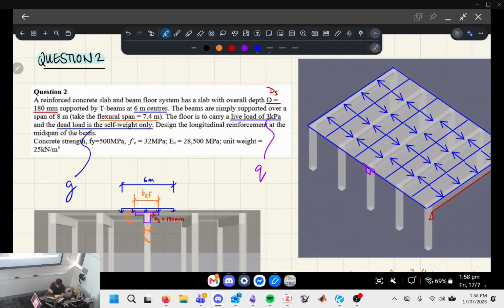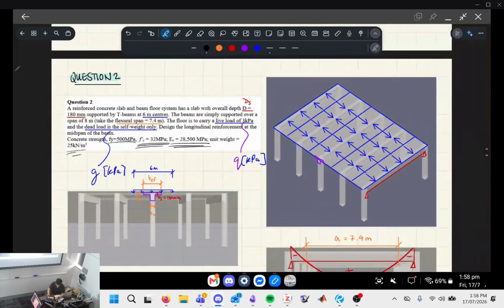So that's dead load as a kPa value. Then design the longitudinal reinforcement at the midspan of the beam. That's our goal, and the question gives you a bunch of values that you'll need.